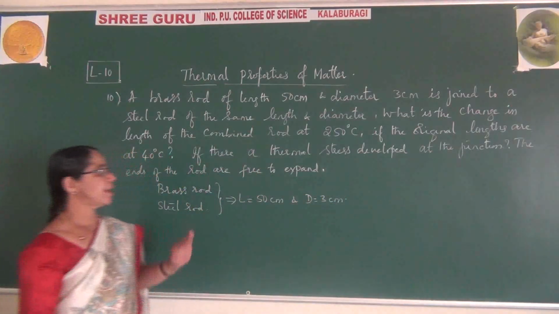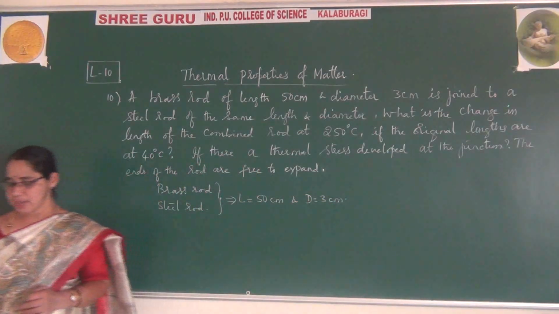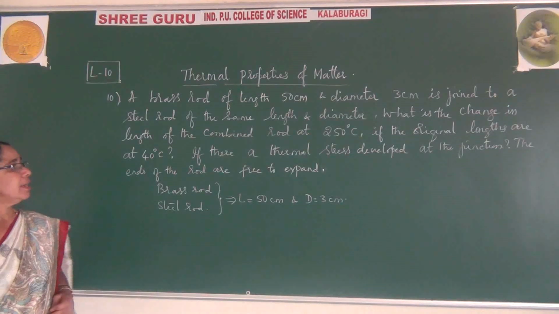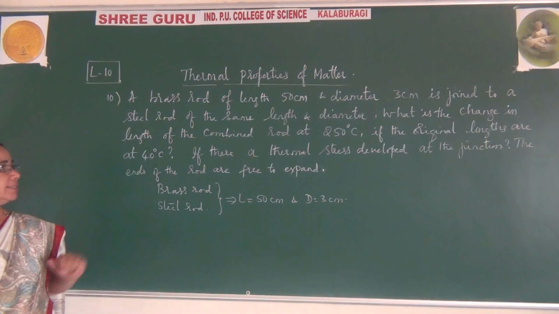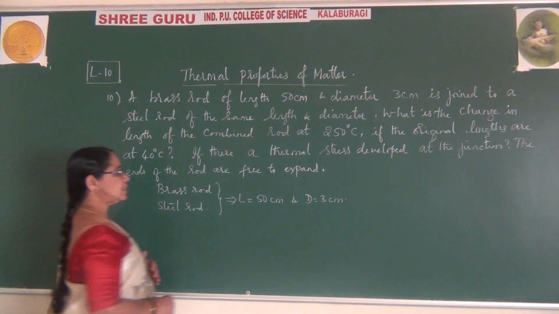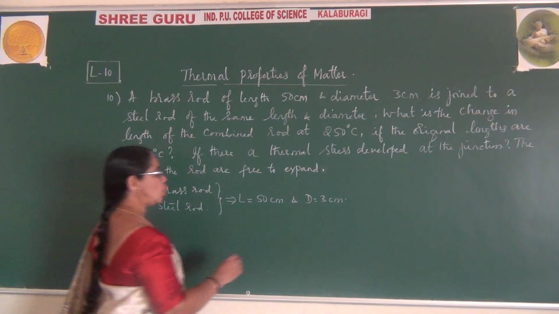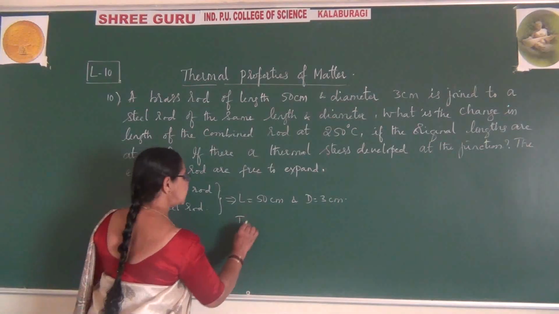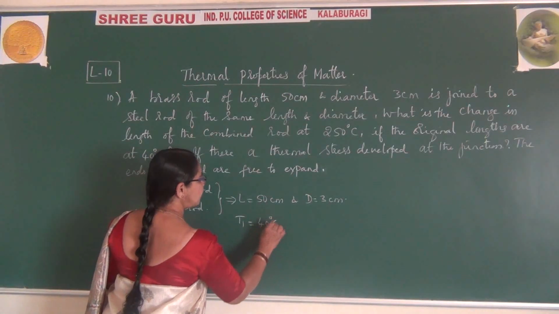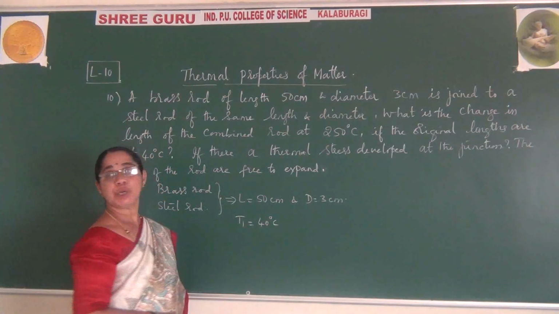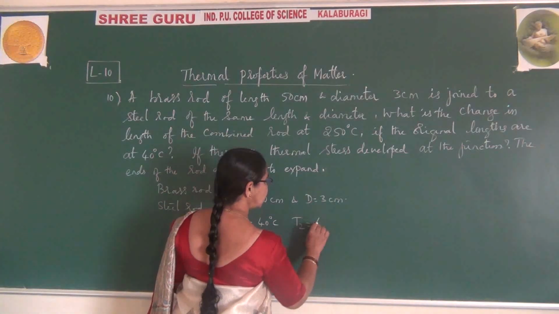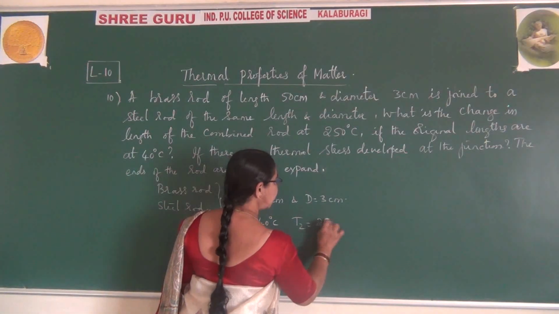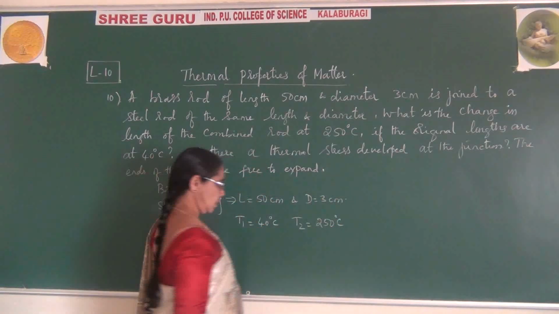This condition they have given. Earlier these two rods are at temperature 40 degrees centigrade. So let me say the earlier temperature of these two rods is T1, which is 40 degrees centigrade, and it has been heated to 250 degrees centigrade. So let me write T2 is equal to 250 degrees centigrade.